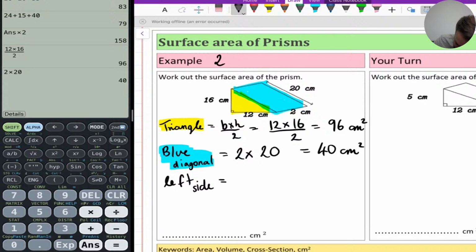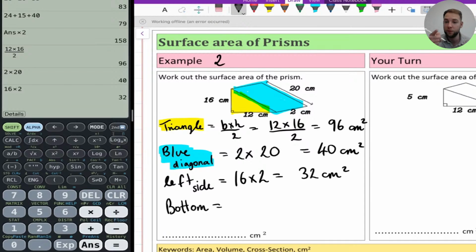So it's going to be 16 up by 2 back. The 16 times by 2, which is equal to 32 centimeters squared.